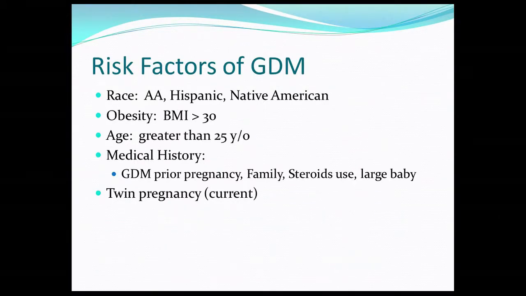What becomes extremely important is what happened during your previous pregnancy, such as a history of gestational diabetes. A strong family history of gestational or any form of diabetes, be it mother, father, sister, brother, also matters. So does steroid use, like patients who have asthma and use steroids for their respiratory problems. It's also important if you had a large baby previously, greater than 9 pounds; that increases your risk for gestational diabetes.